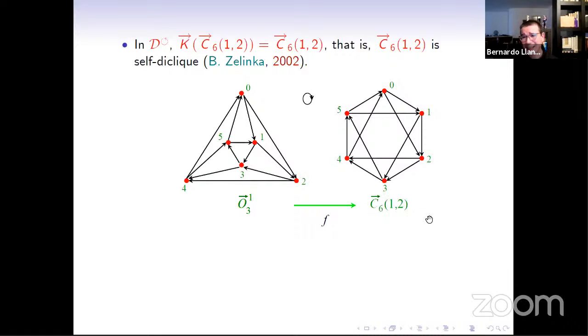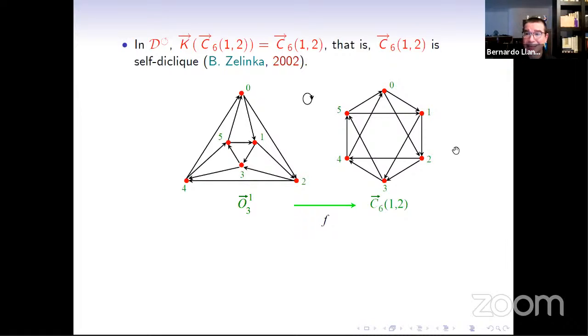I don't want to define them formally, but it's easy to see that you can put the vertices on a circumference, and then you have these jumps: 0 plus 1, you put one arrow here, 0 plus 2, you put this here, and then 1 plus 1 is 2, 1 plus 2 is 3, etc. So you can define these kind of graphs.